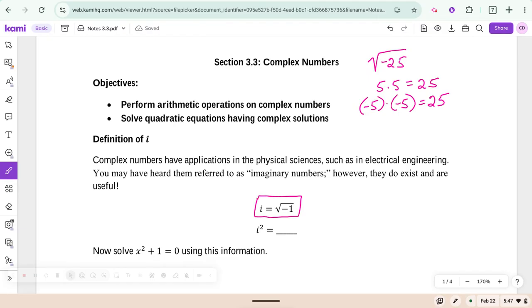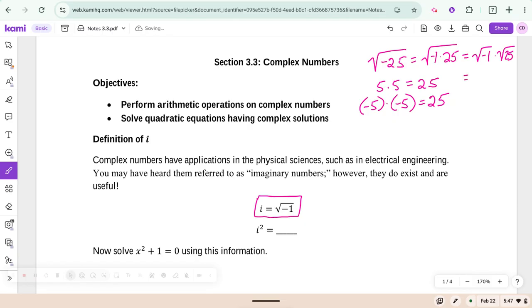What this does is it allows us, if we have something like the square root of negative 25, to rewrite negative 25 as negative 1 times positive 25. If you have the product of two numbers under a radical sign, you can separate them: the square root of negative 1 and the square root of positive 25.